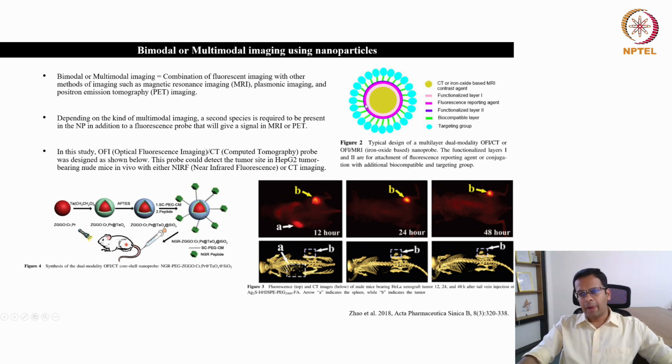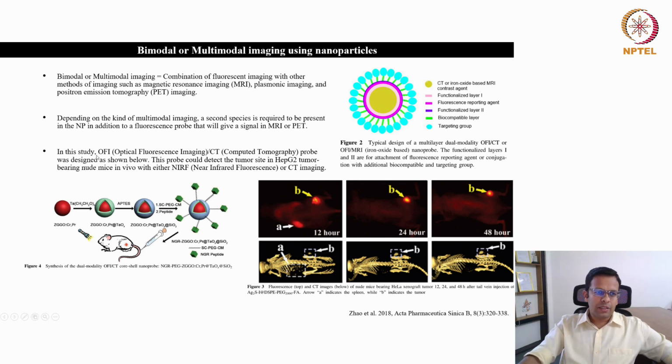So for multimodal imaging, see, this is the layer which gives fluorescence, the dark pink or magenta layer. It's a fluorescent reporting agent. But you need another chemistry to be detected by the CT or MRI.